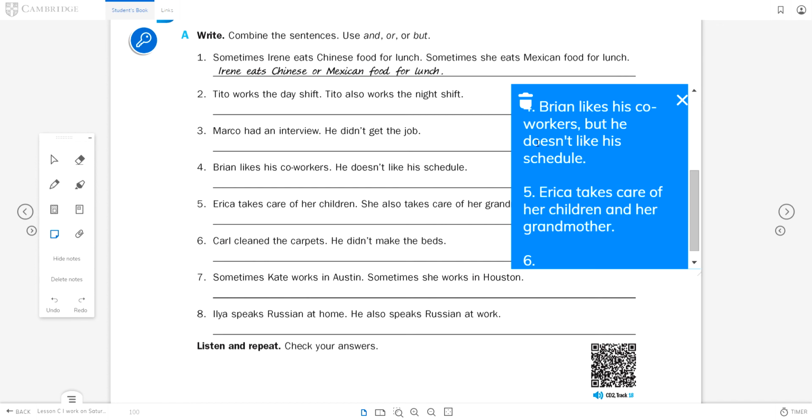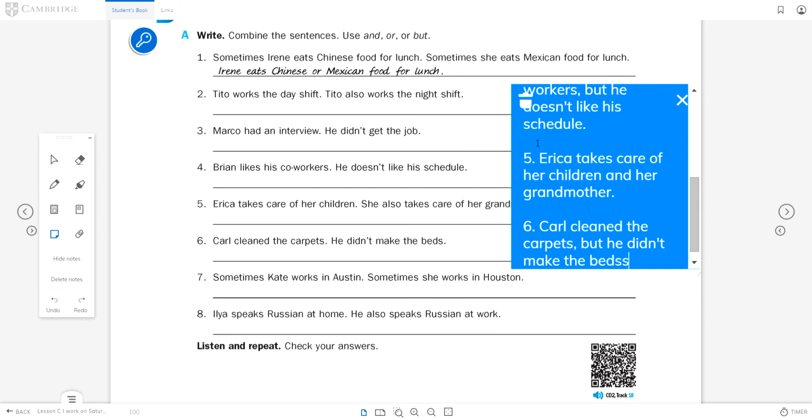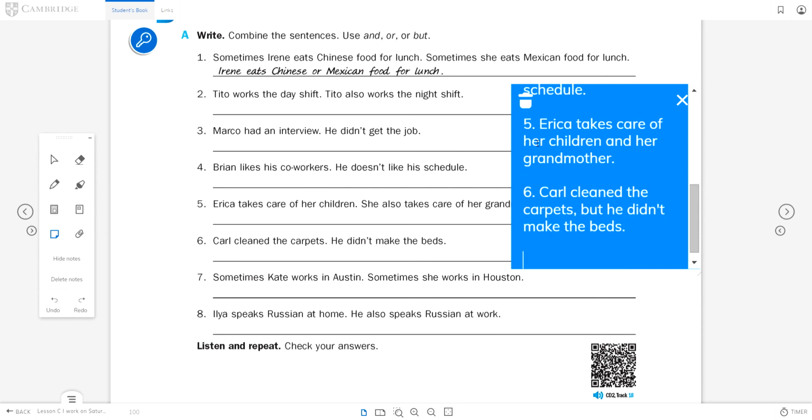And, or, but. Very good, but. So Carl cleaned the carpets, but he didn't make the beds. Okay? Easy or difficult? Easy, right? Let's go to number 7.